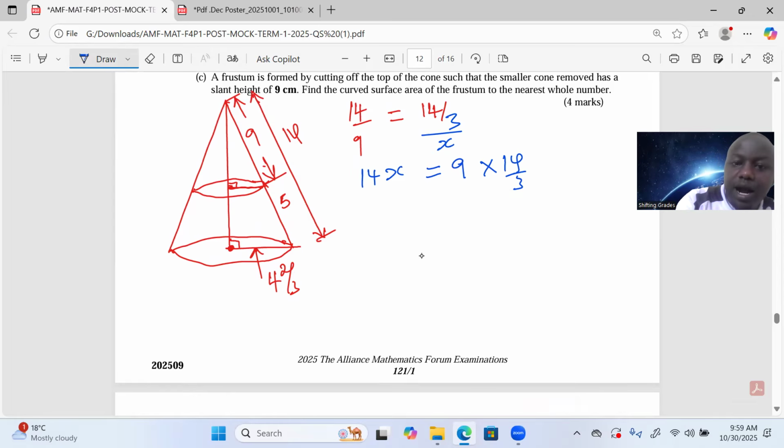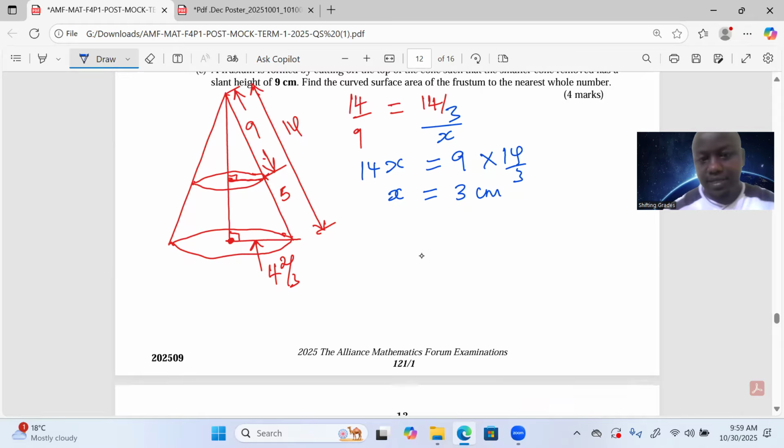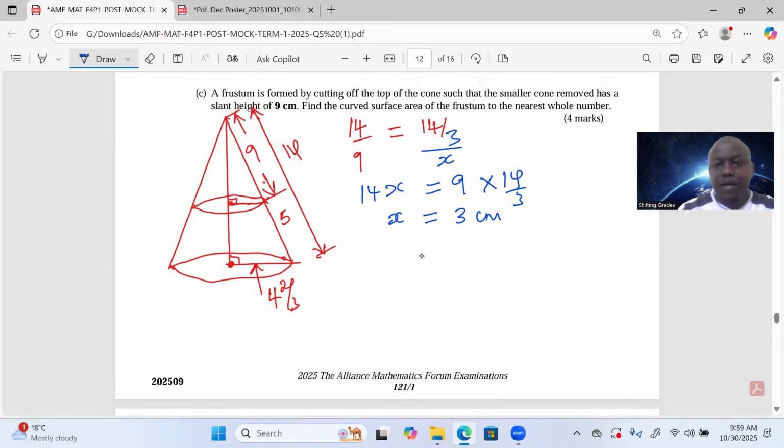How will you remain with x? You divide by 14 through, so you get exactly 3 centimeters. Times 9/14, I'm getting 3 as the answer. Exactly 3, because 9/3 is 3, and 14 will cancel from both sides. So now the smaller cone which was cut has a radius of 3.